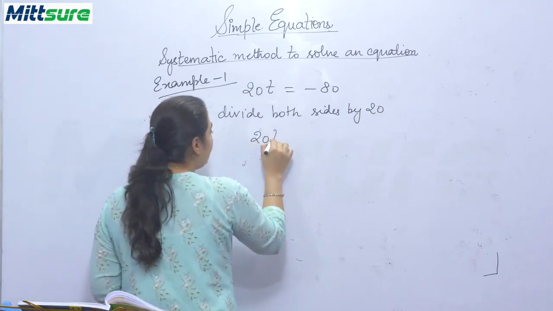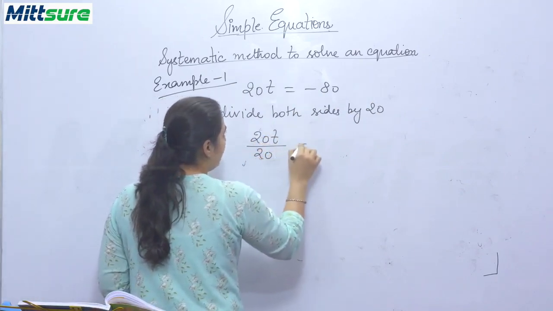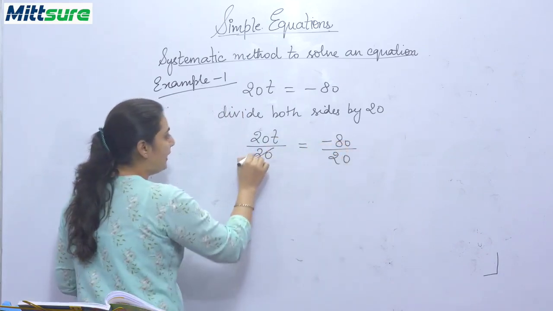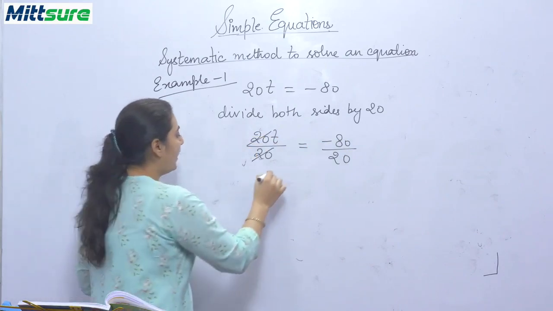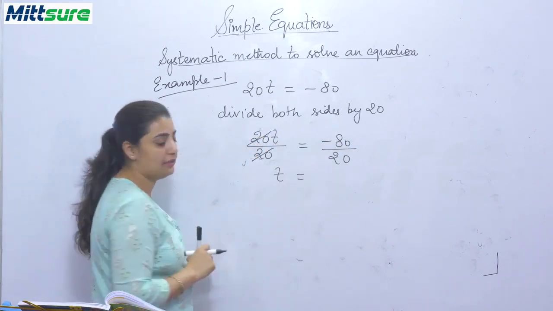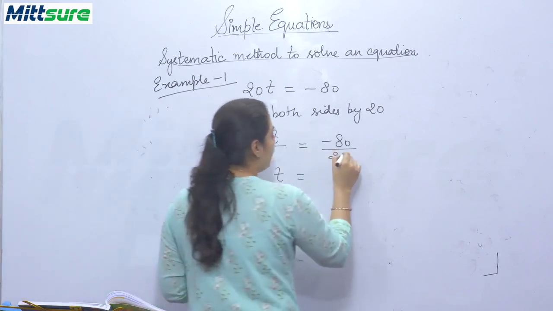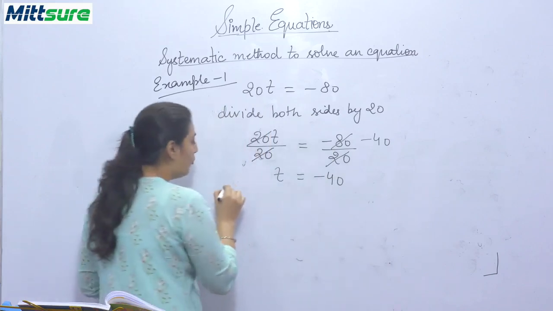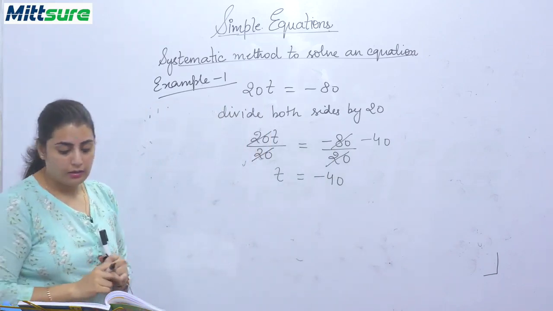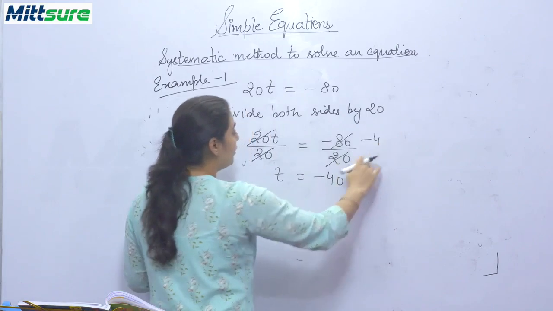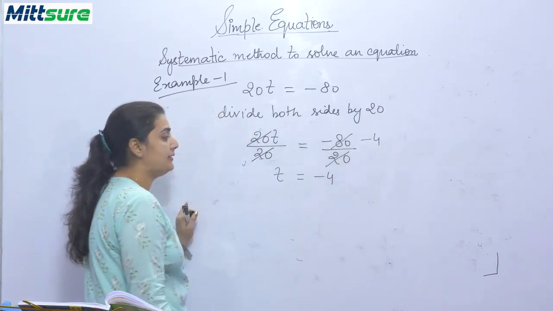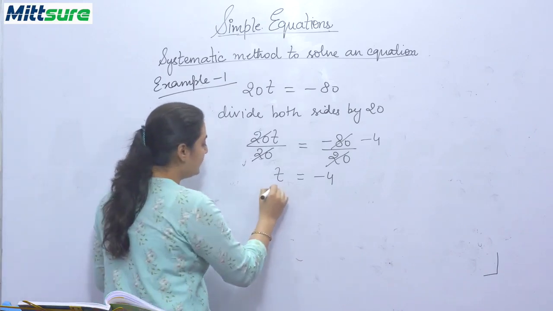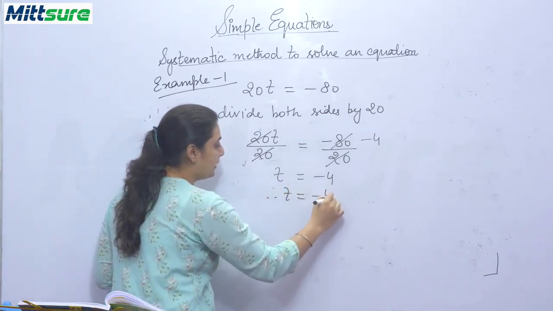So 20t upon 20 equals minus 80 upon 20, right? So 20 gets cancelled by 20. What I'm left with at the left hand side is t only. Minus 80 upon 20, sorry, it will be minus 4. So t is equal to minus 4.